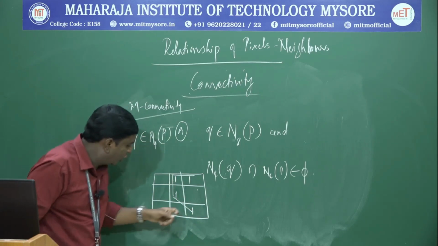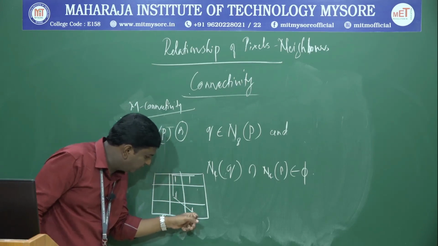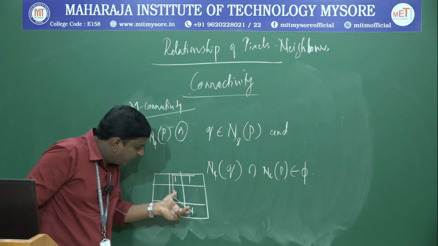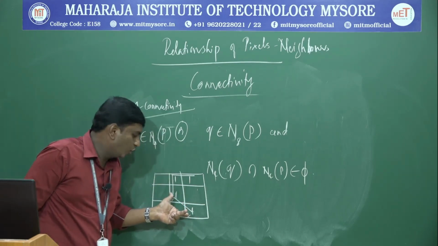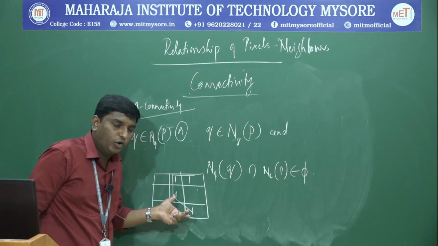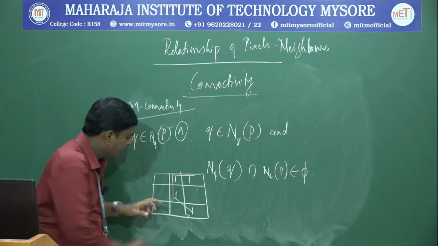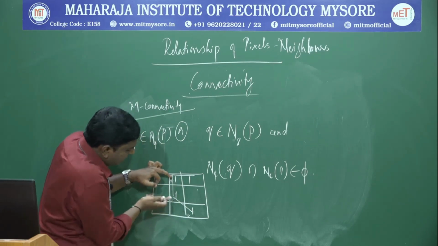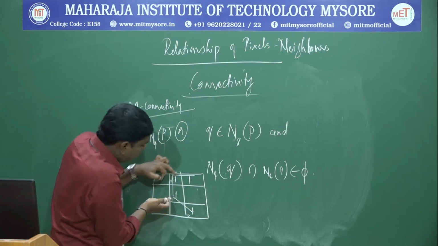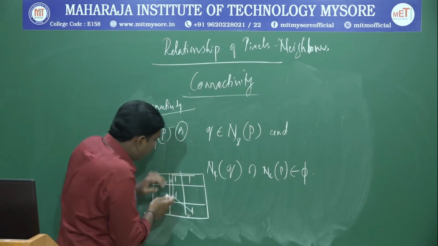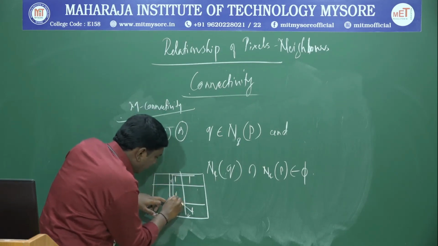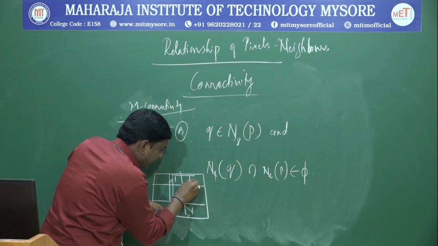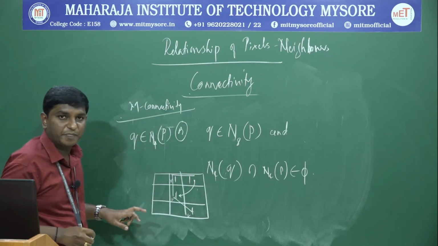Fine. Now, do we have any other connections between, if this is P and this is Q? Do we have any other connections other than N4? No, it is not. Other than N8? No, it is not. It is only N8 connection. This pixel and this pixel, if it is between P and Q, whether any other connections? No. Here, no. Whereas this one and this one is connected using N8.